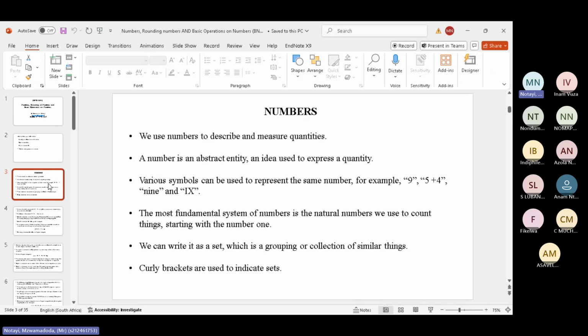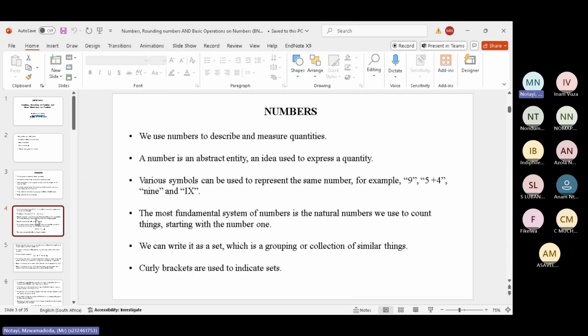The most fundamental system of numbers is the natural numbers. We use this system to count things, starting with the number 1. We can write it as a set, a grouping or collection of similar things. A set is represented by curly brackets.